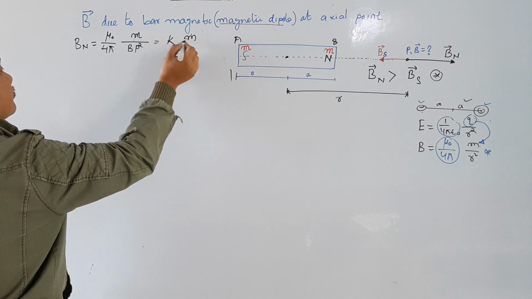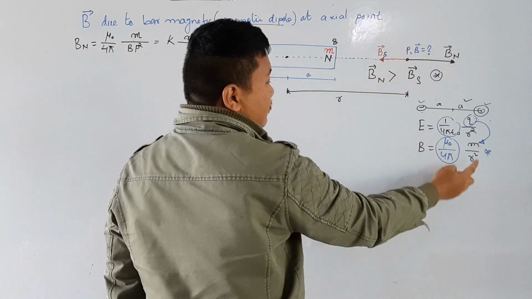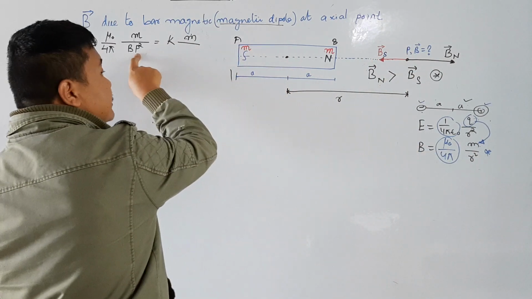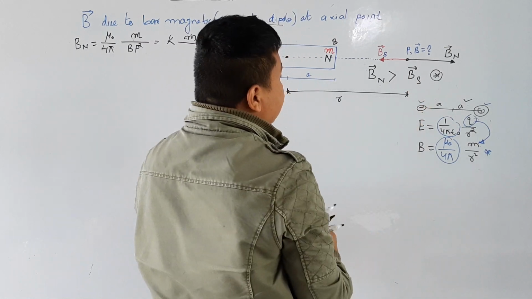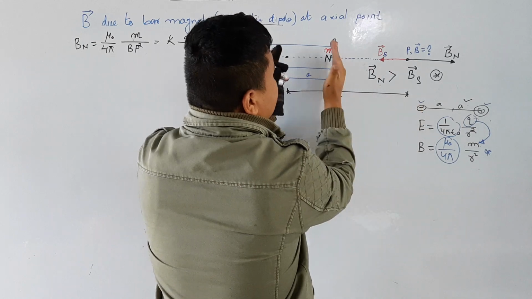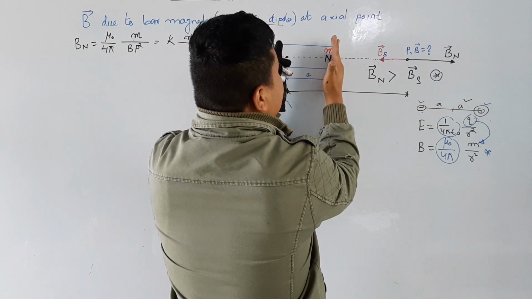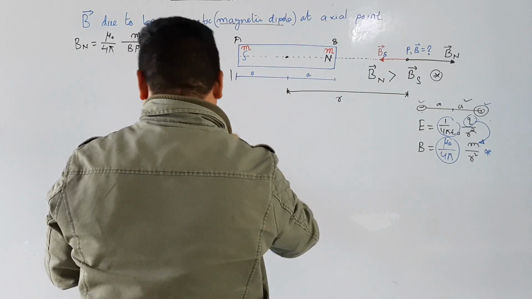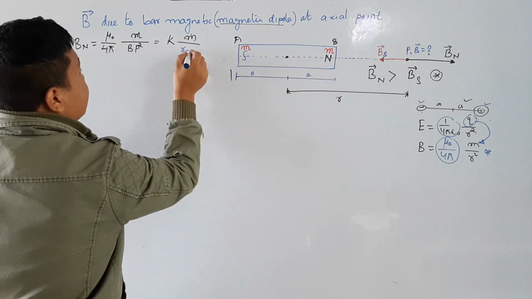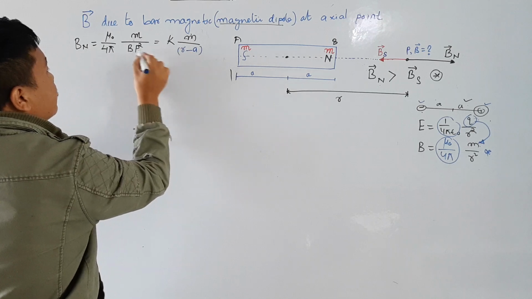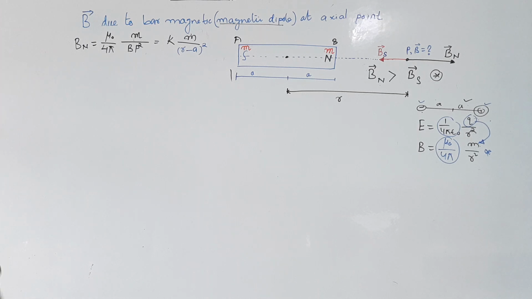Then m divided by BP square, because there is r square. So how do you calculate this distance? You take the whole distance r and subtract a, and you get this. That is my BP. So this will be r minus a, whole square. Okay, so this is my B_N.